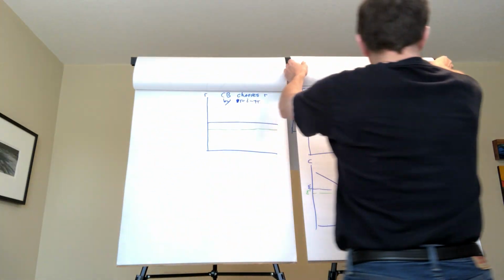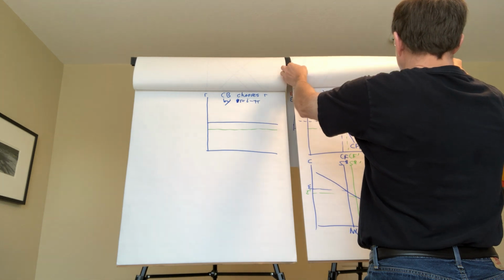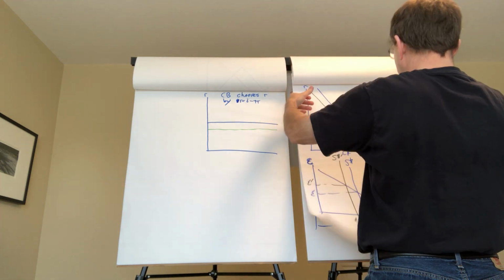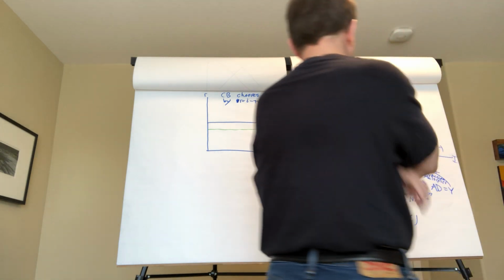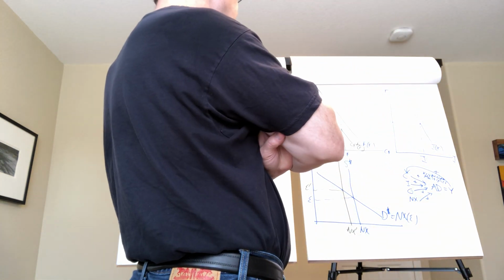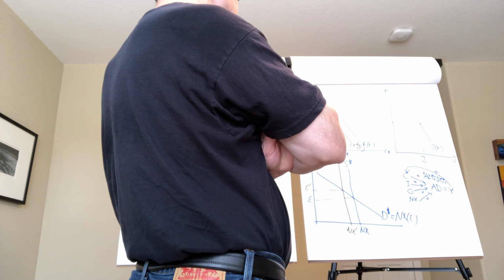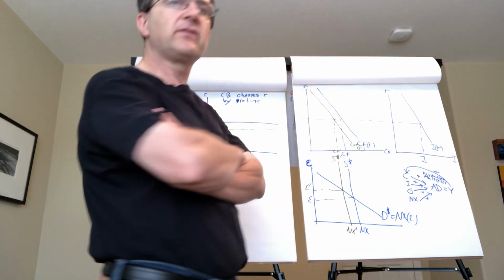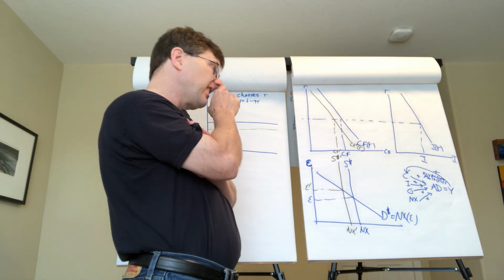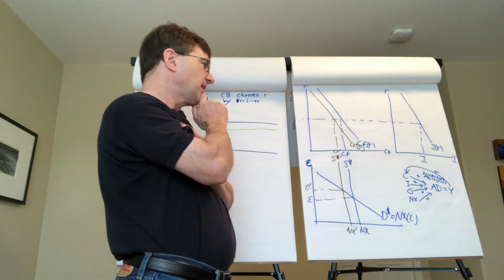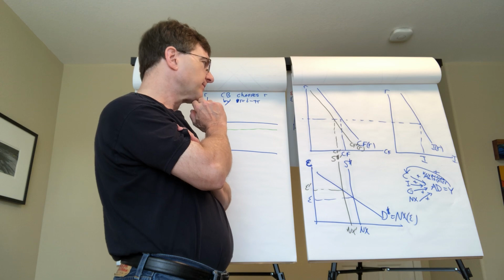I'm trying to think, let's see if we've got the relevant thing here. So this was our risk-on situation, right? Now we're thinking, what might the Fed want to do?